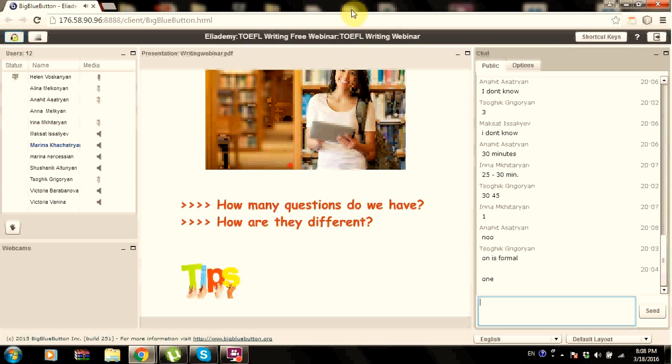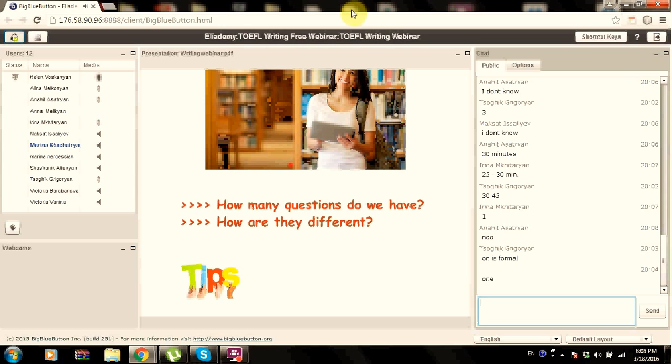Yes. One is the structure, yeah? Okay. Well, you are right, Tofik. You are right because it's different in the way you write it, in the way you do it.